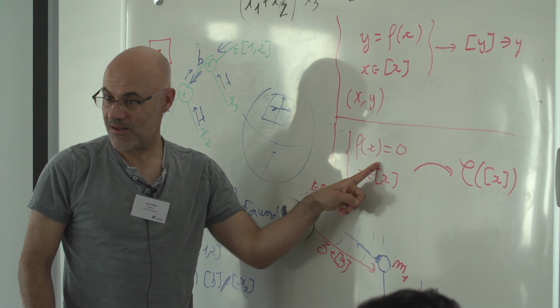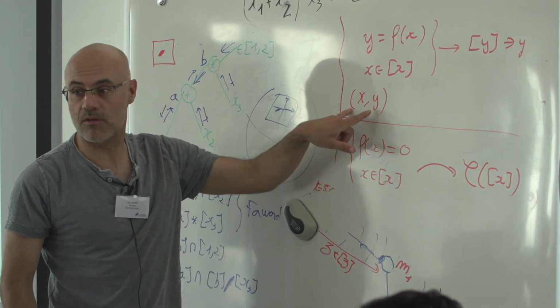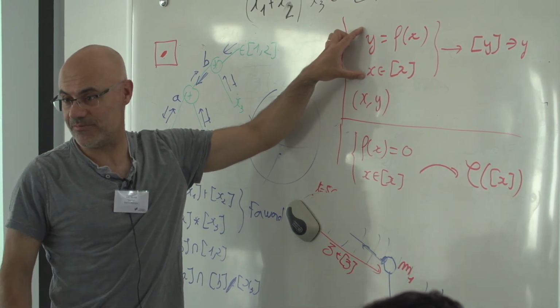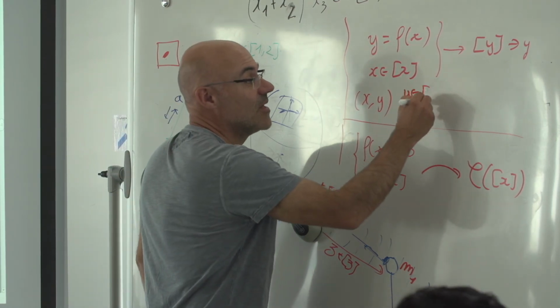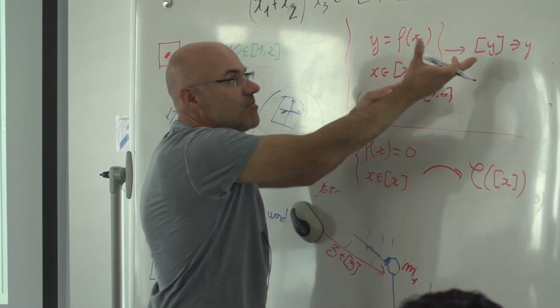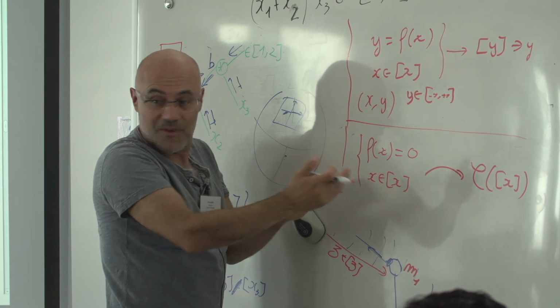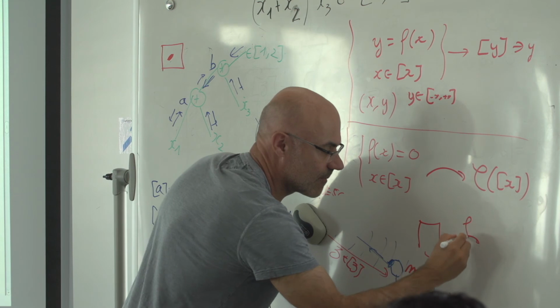Contractor just for one variable and inclusion for just function? Yes, but an inclusion function can be seen as a contractor, in the case where you know that y belongs to minus infinity, plus infinity. This one is more general, because it contracts forward and backward. I have a function like this.